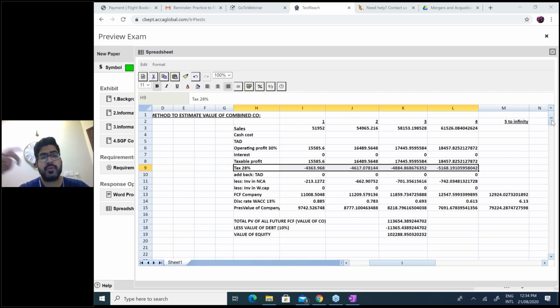FCF after 4 years was increasing by 3%, so I just increased it by 3%.